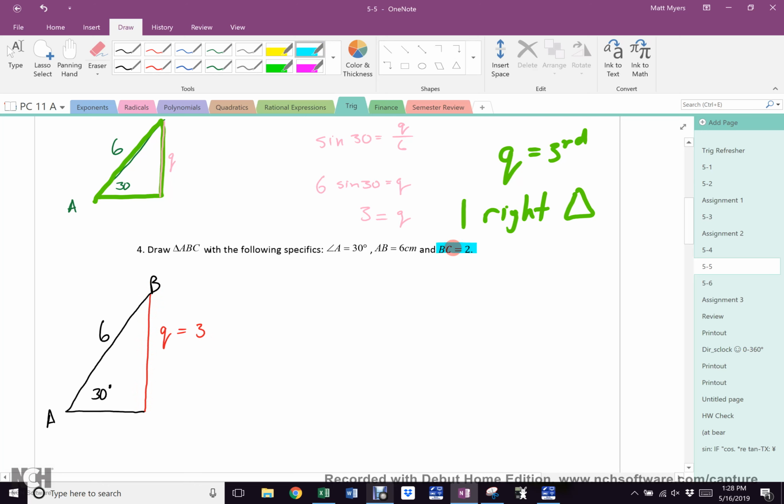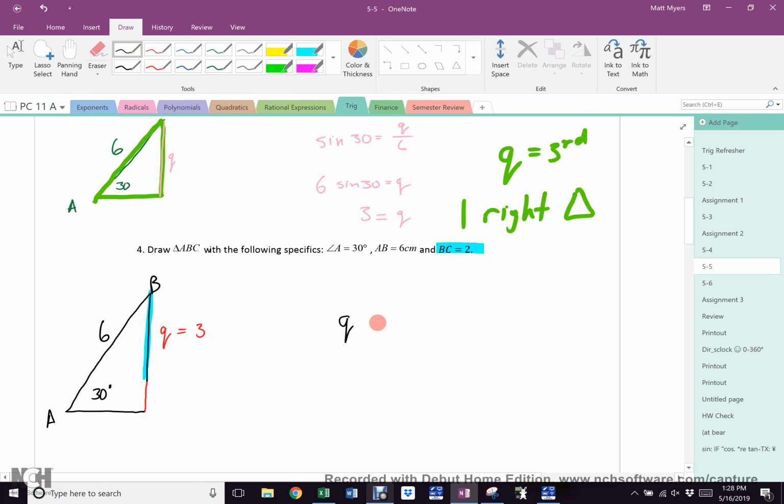But we're told our BC is 2. So we can only go down 2/3 of the way, yes? Does it make it? Can this triangle exist? No. So what do we know?